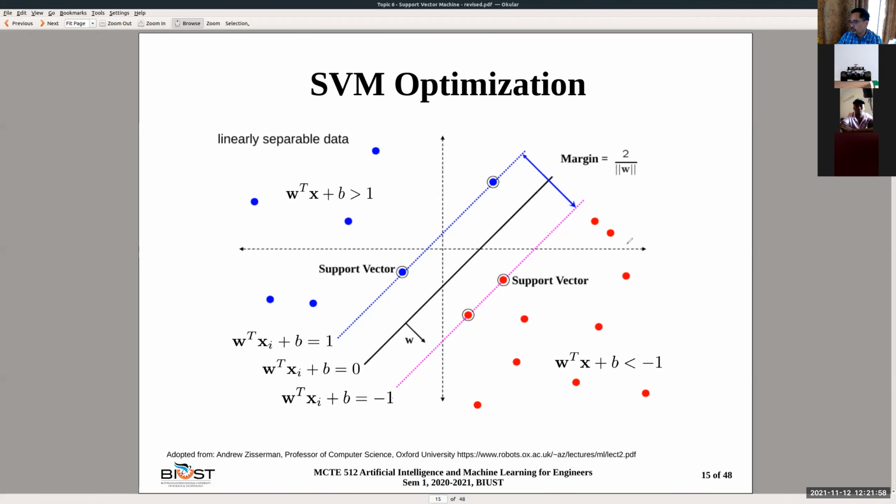For example, if this was 5 and this was -1, there is a vector that defines that point: 5 for x1 and -1 for x2. So all of these points are vectors.